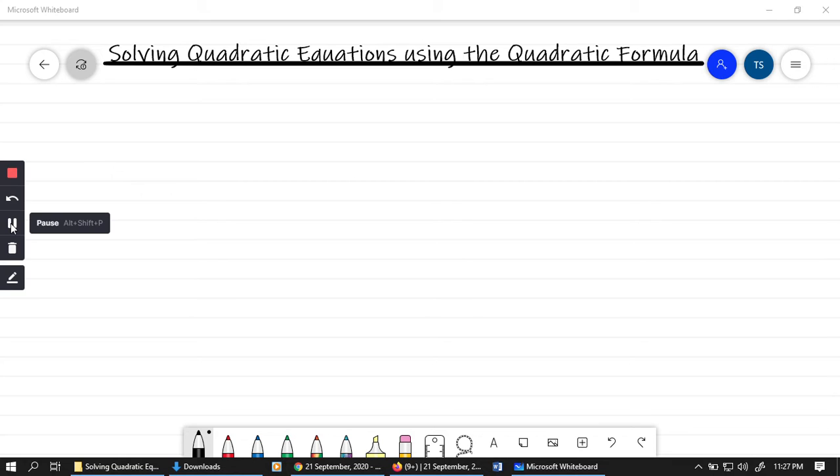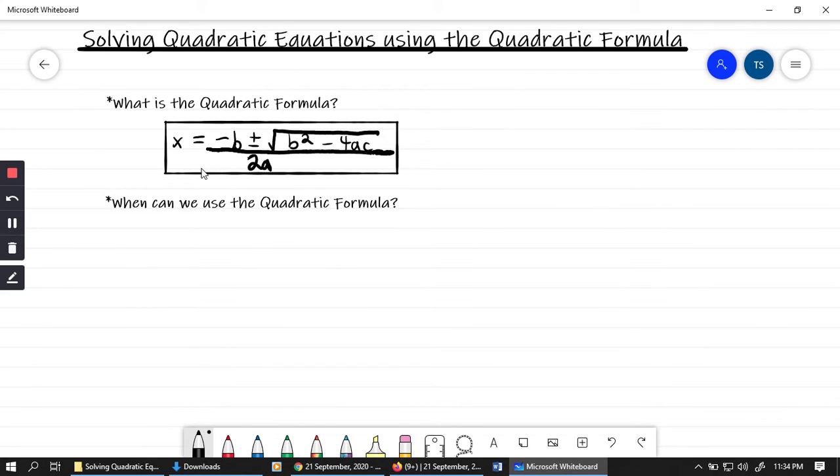The quadratic formula can be used to solve that equation. So the quadratic formula is x equals negative b plus or minus the square root of b squared minus 4ac all over 2a. Now, I know that's a mouthful.